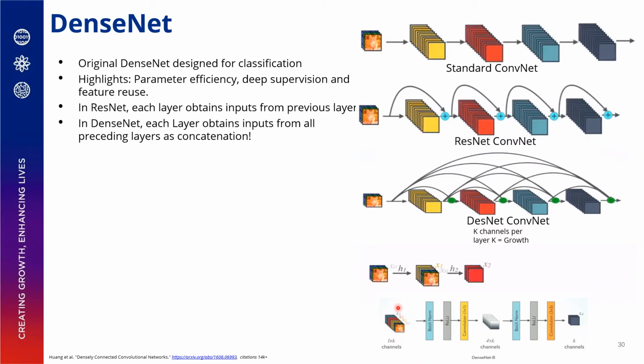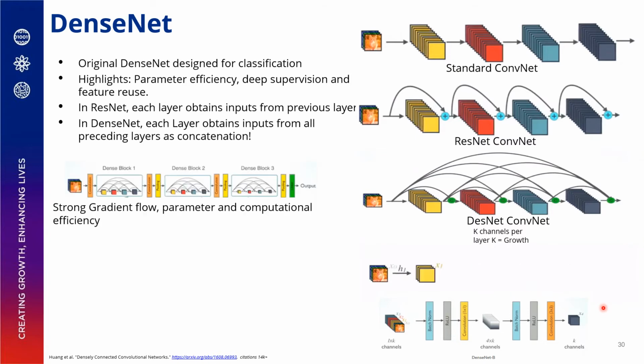After L layers, you would do batch normalization, ReLU, and then a one-by-one convolution. The output over here would be 4 times k total channels, instead of L times k now. And then again you would do BN, ReLU, and then 3 by 3 convolution to get your final output X4, which has only K channels now. So this is how you go from L times K channels to K channels as the output for each major convolution block over here.